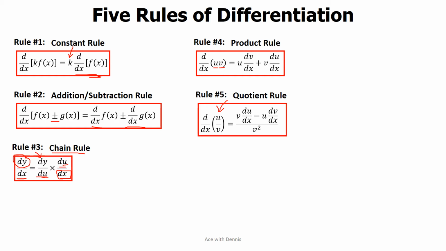So please memorize this formula as well. Okay, you don't have to memorize the formula by heart, but when you continue to practice more, this formula will be very familiar to you.